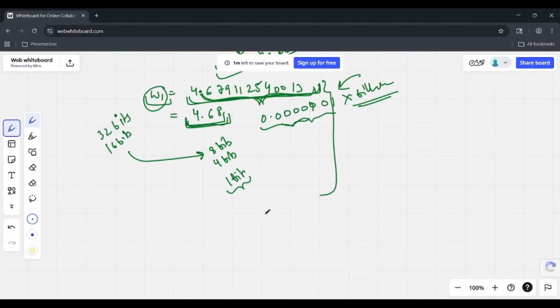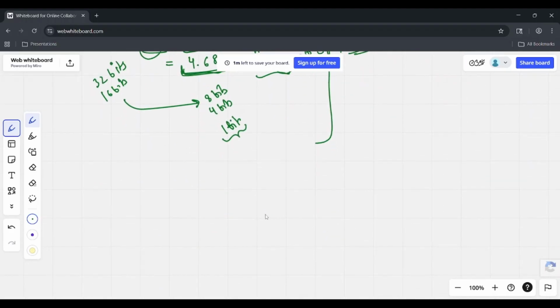Now, before ending this video, I just want to quickly touch upon what this bit is. So, how we humans write numbers: let's say I have a number 124, then we use the decimal system.